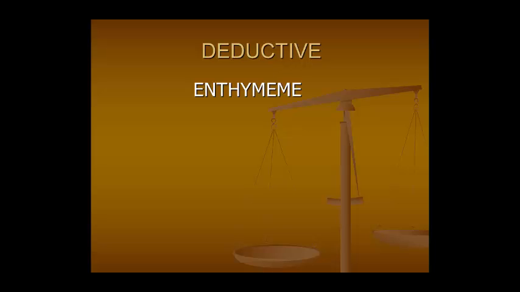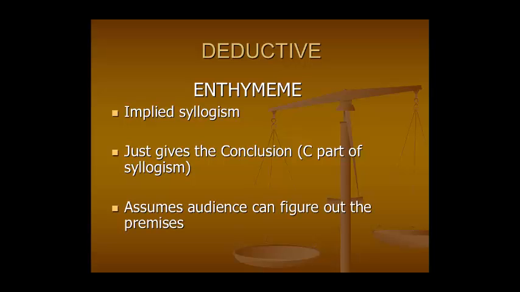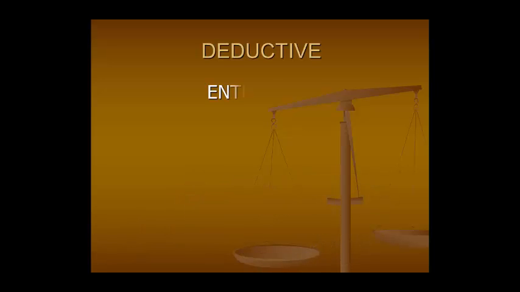So if I say smoking cigarettes causes cancer, I kind of assume that you can work back in your own mind and figure out why I'm saying that. So it's what we call an implied syllogism. Just giving that conclusion, the C part of the syllogism, your audience can figure out the premises. So let's take a look at this.